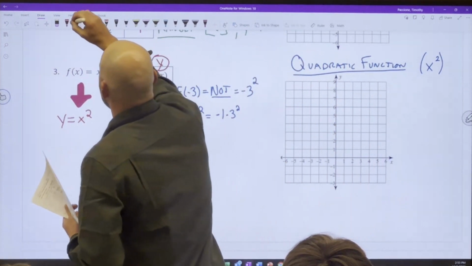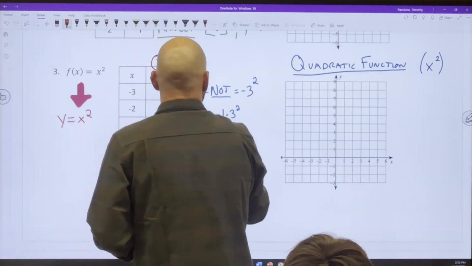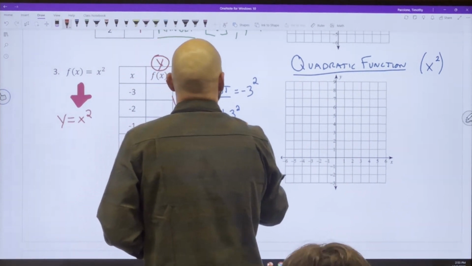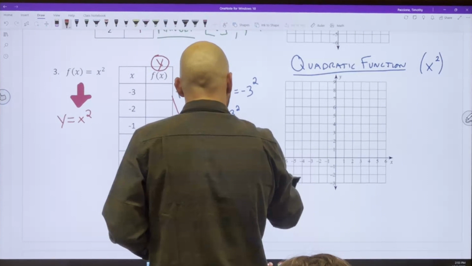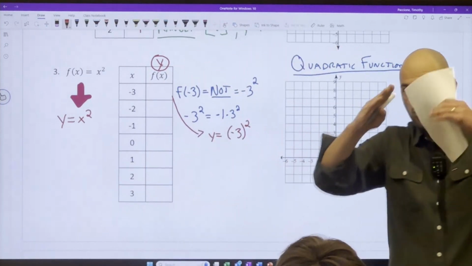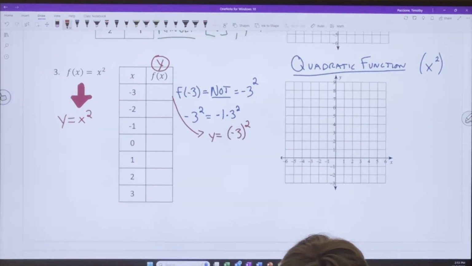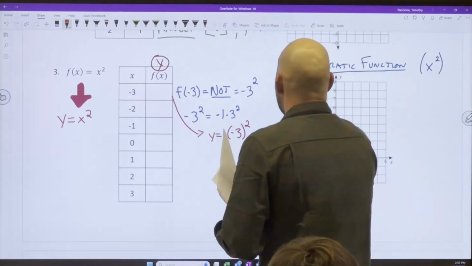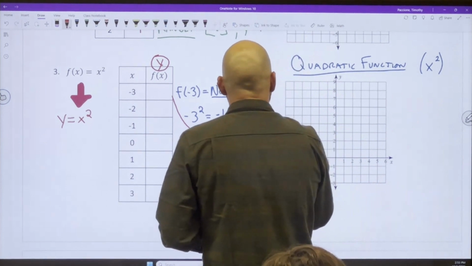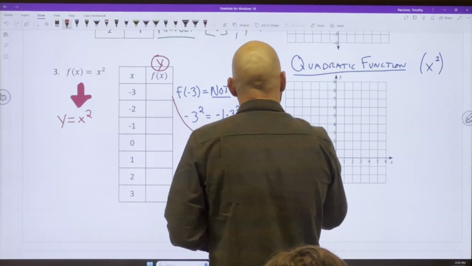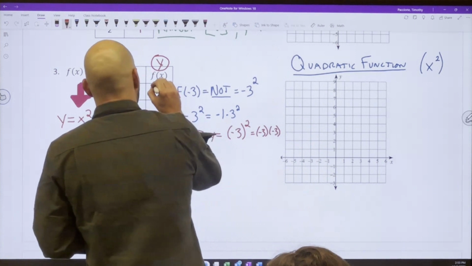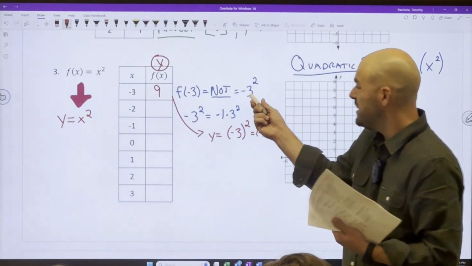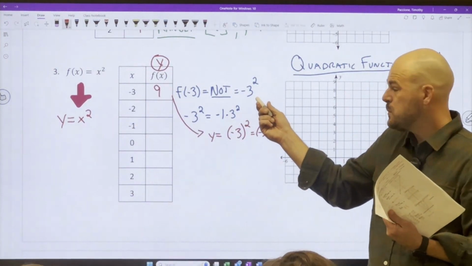So what we want to write is y equals (-3) squared with the parentheses, because that makes it so we do square the number that's being given as our x, right? Now we get -3 times -3, which is a +9.